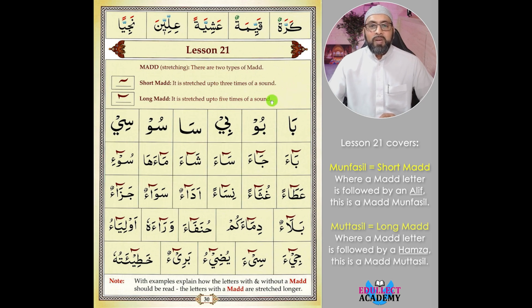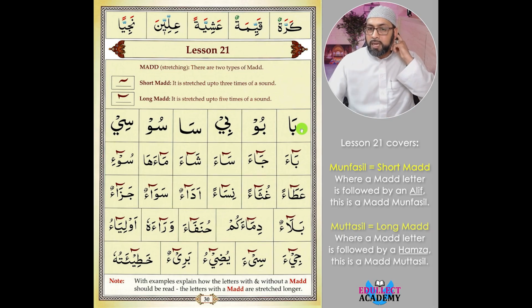The dagger one, the long one, which is 5 beats or 5 harakats long, is mad muttasil, and the one which is 3 counts or 3 beats long is mad munfasil. Okay, so let's make a start.